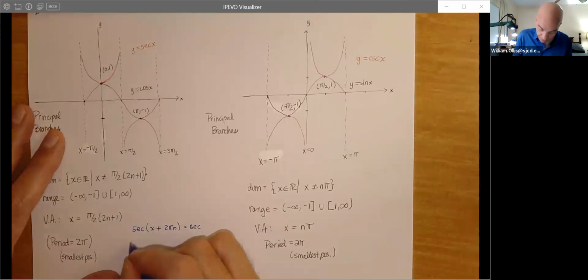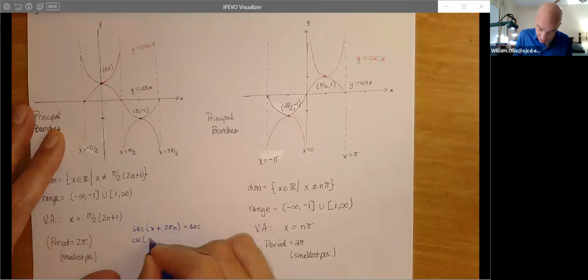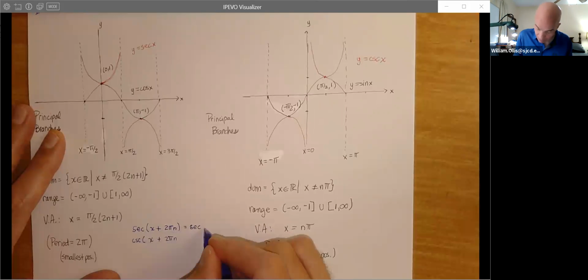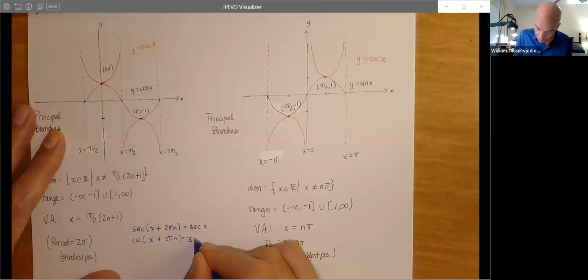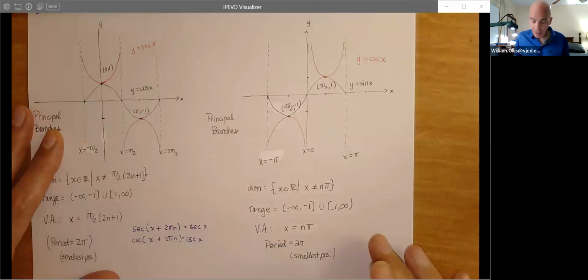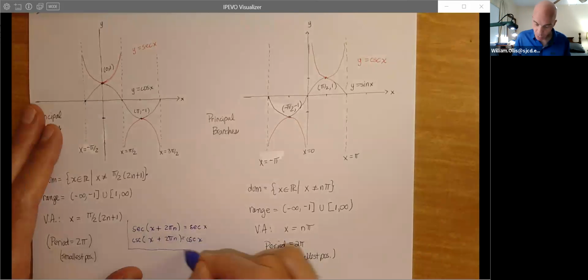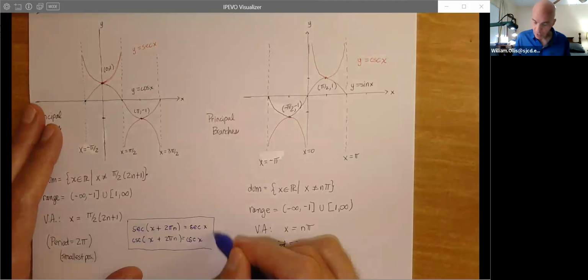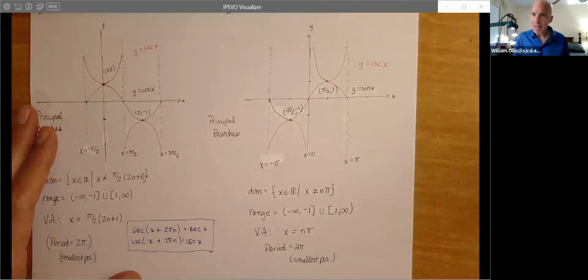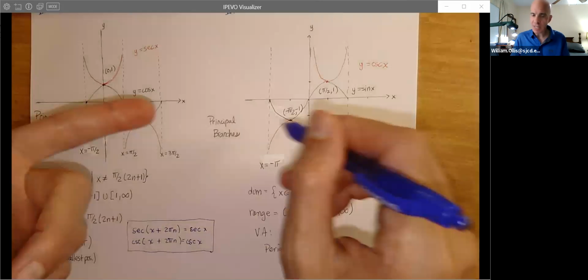And then cosecant of x plus 2 pi times n will just be cosecant. So when n is equal to 1, we get that smallest value, 2 pi. But all of these are periods because we just cycle around and get back to x. So this kind of summarizes what we've been talking about from day one with the unit circle. So now let's do an example where we actually graph one of these types of functions.